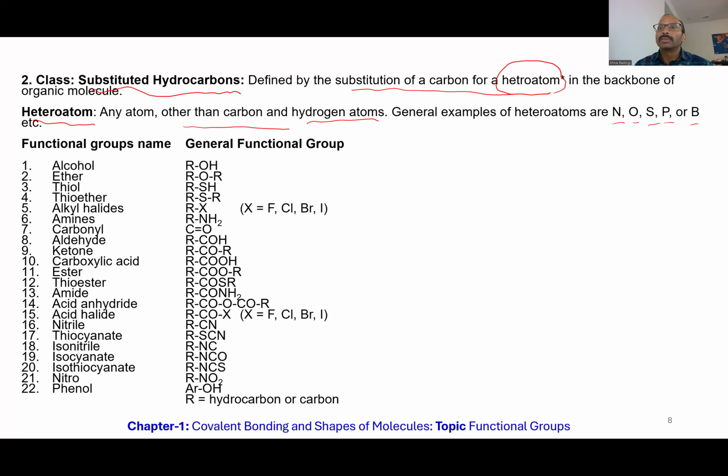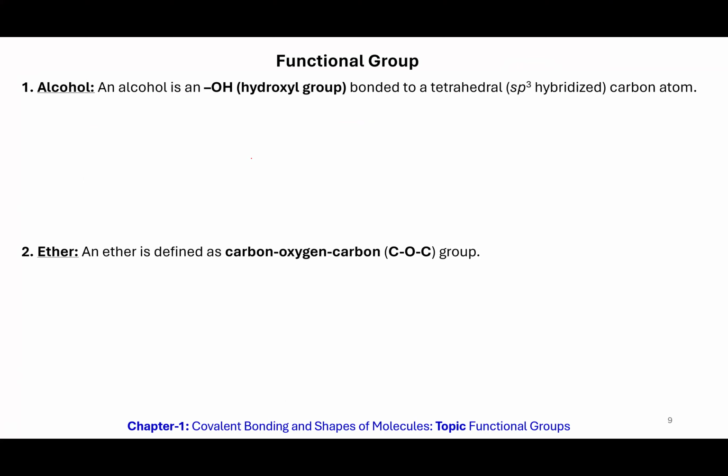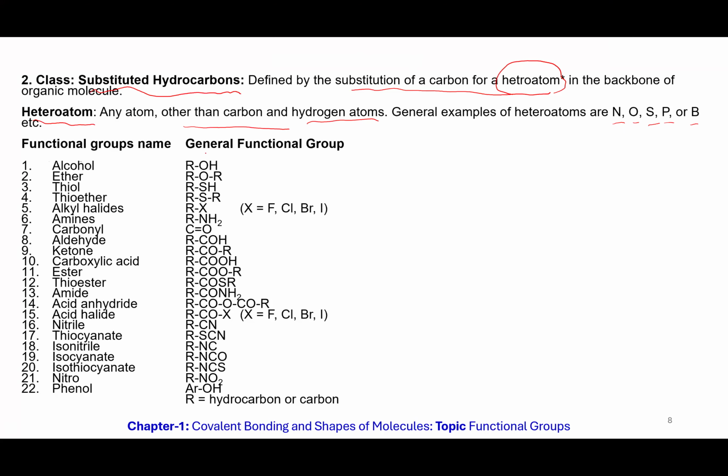Let's minimize this. So functional group names are like alcohol, ROH. So in this general functional group list, everywhere you can see R. So R means basically carbon or hydrocarbon.